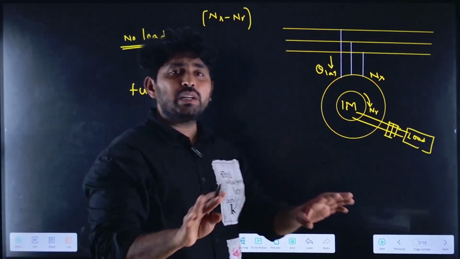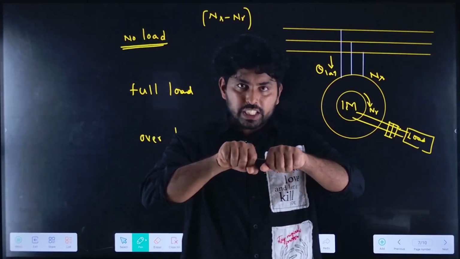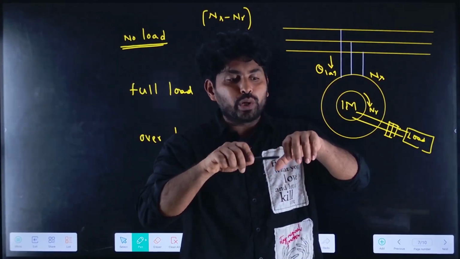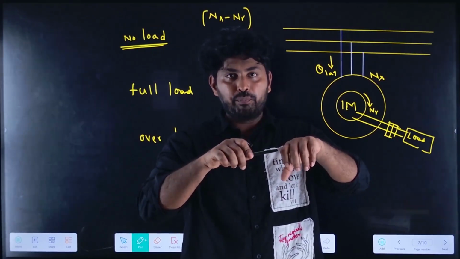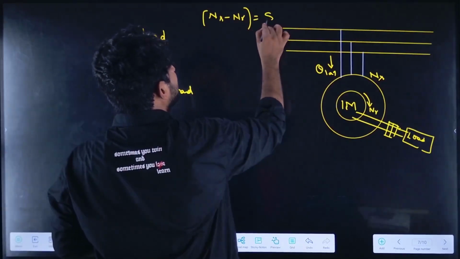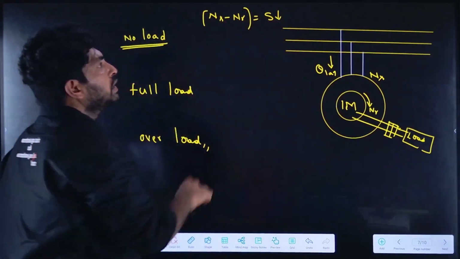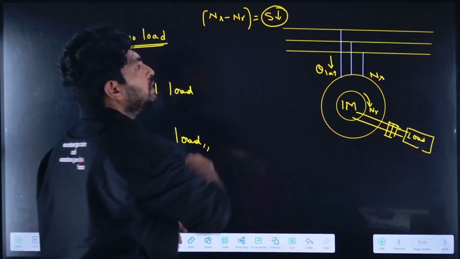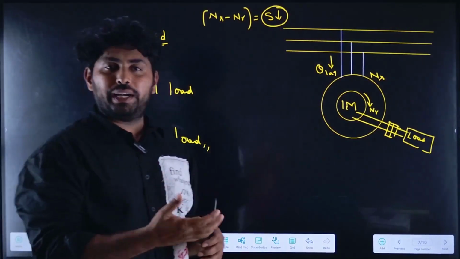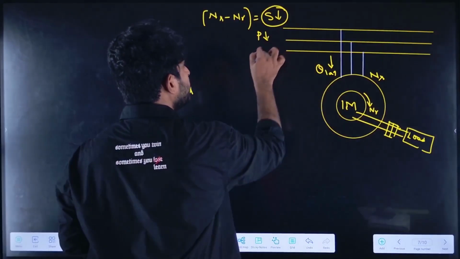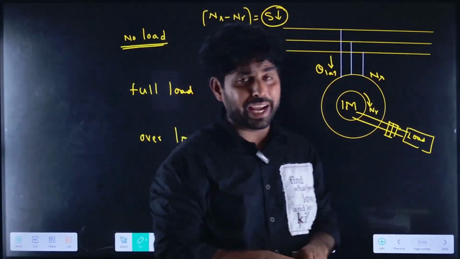When the induction motor is not connected to any load, the rotor rotates near the synchronous speed. The slip is very less. When slip is very less, the active power requirement is very less, because slip is directly related to the active power.